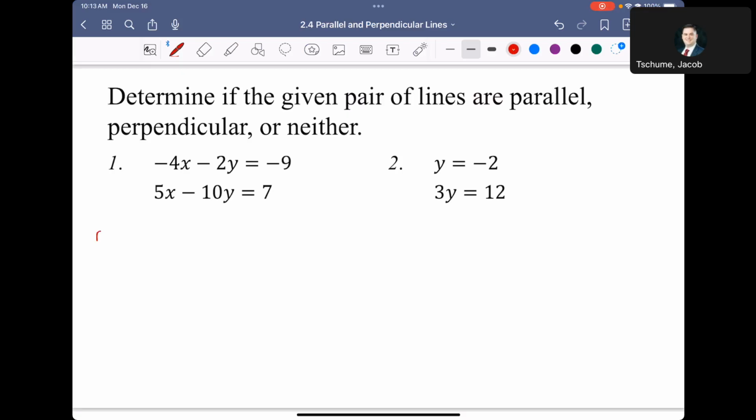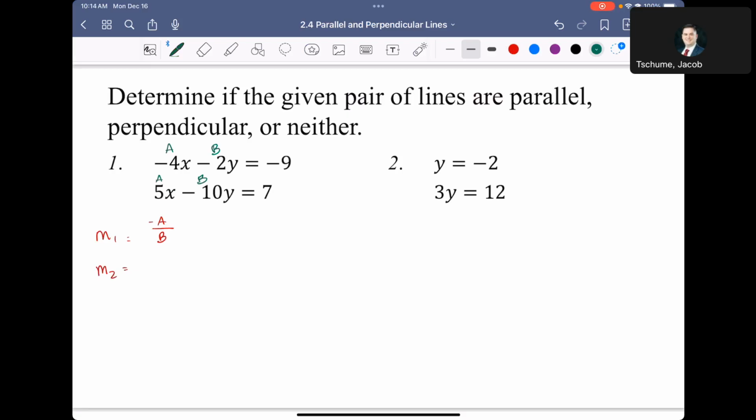So for each of these, and I'm going to call this M1 and M2 because you've got to find two slopes here. Remember, the formula for slope in standard form is -a/b. And so if you look at both of these problems, remember your a is always the number in front of the x, and the b is always the number in front of the y.